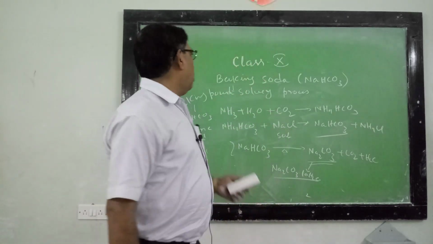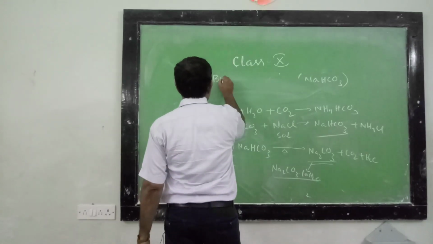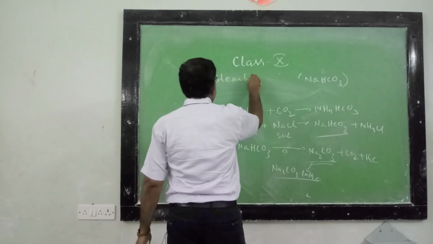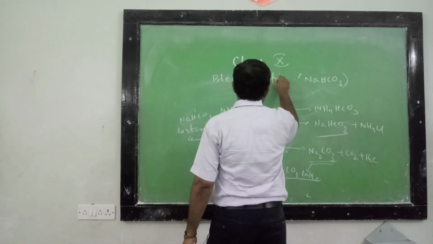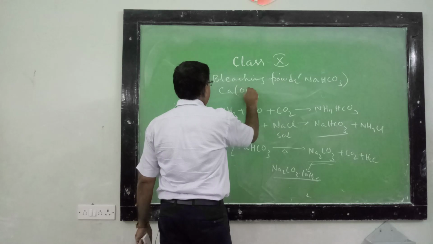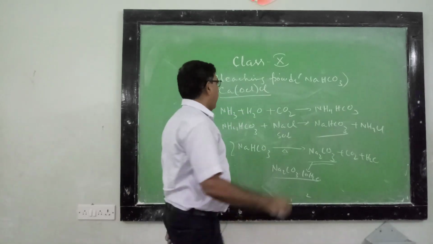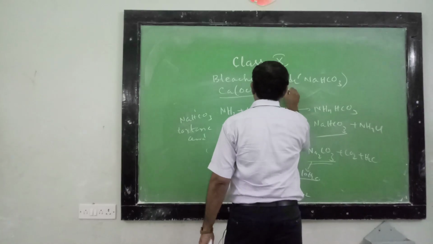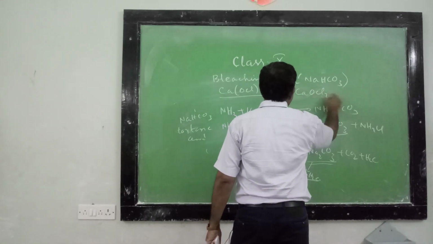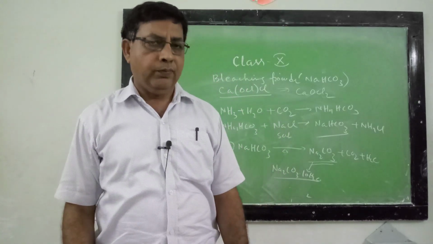Another important salt is bleaching powder. What is the formula of bleaching powder? The formula of bleaching powder is Ca(OCl)Cl, calcium chlorohypochlorite, or you can write it this way, CaOCl2, calcium oxychloride.